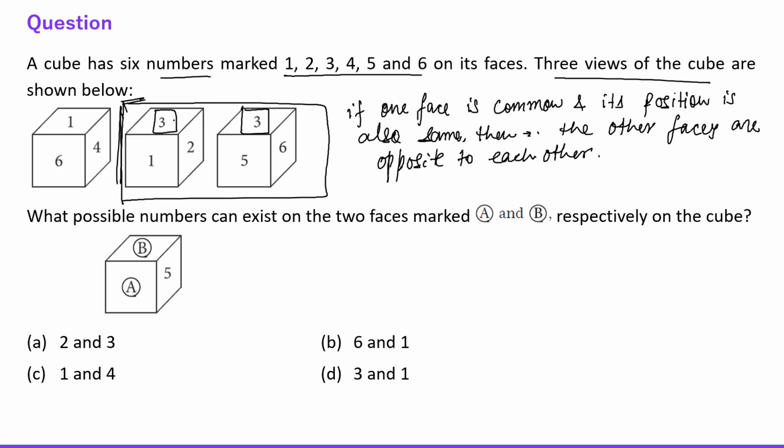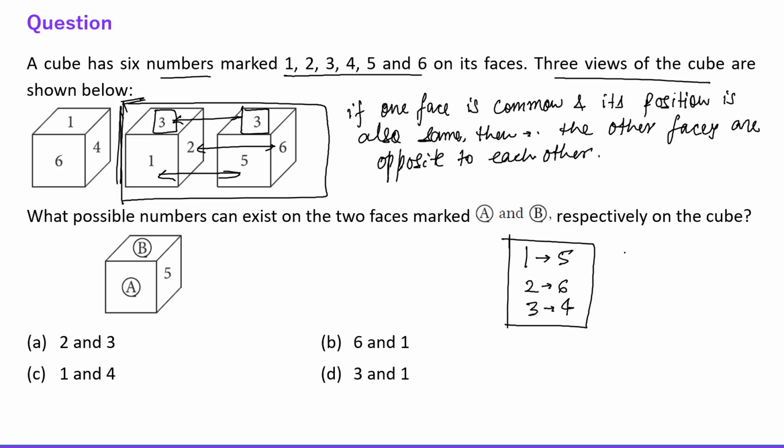See here 3 and 3 are same, so it means 1 will be opposite to 5, 2 will be opposite to 6, and 3 will be opposite to 4, right? So this is the composition of the cube.